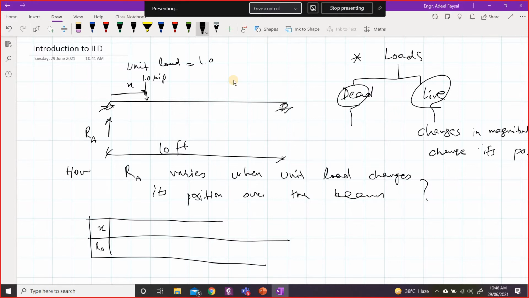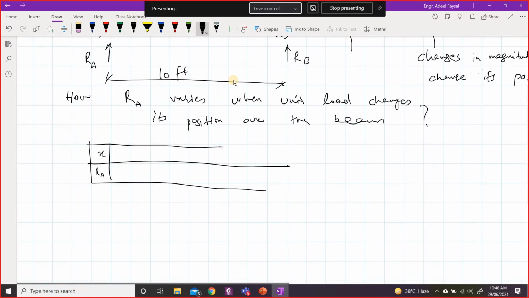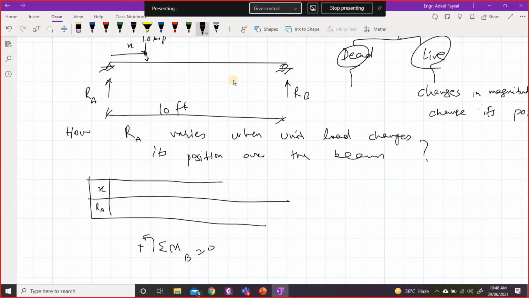So you can calculate RA, this is RB, by taking summation of moment about B. If I take this counterclockwise as positive, I can write about B, it would be minus RA times L plus 1.0 kip times this distance, which is L minus x, since the total is L, equal to 0.